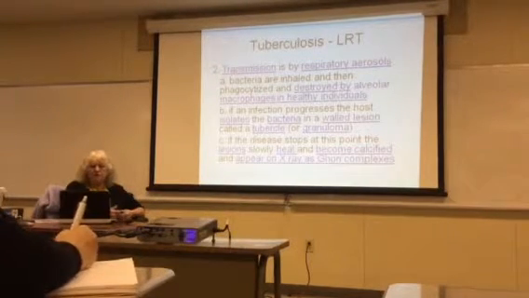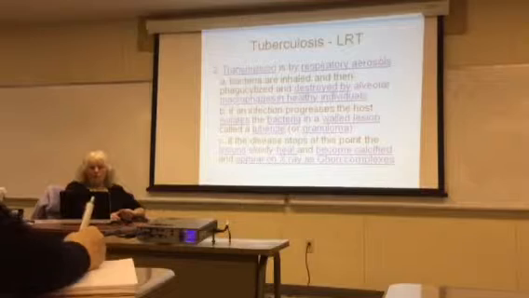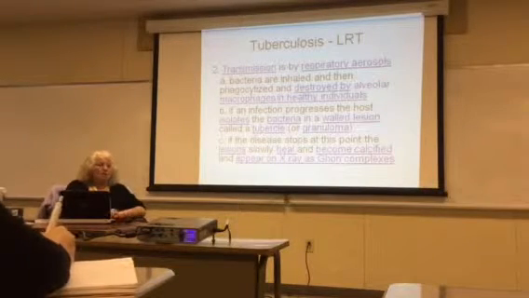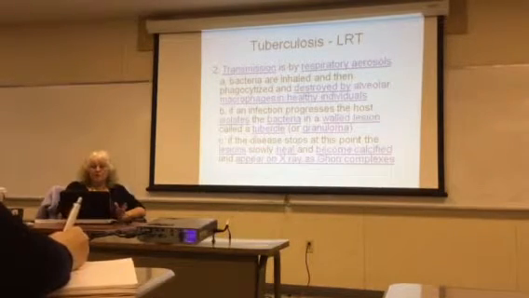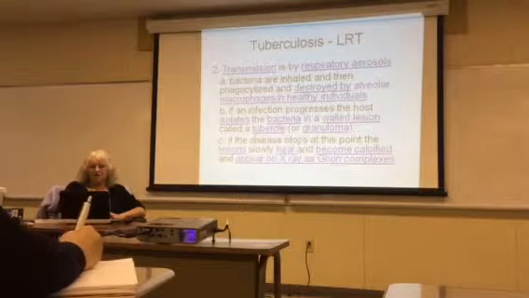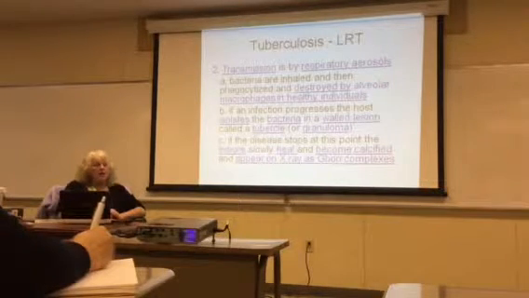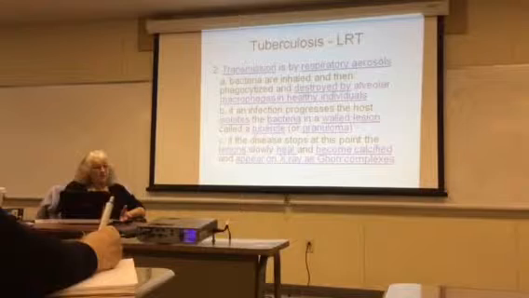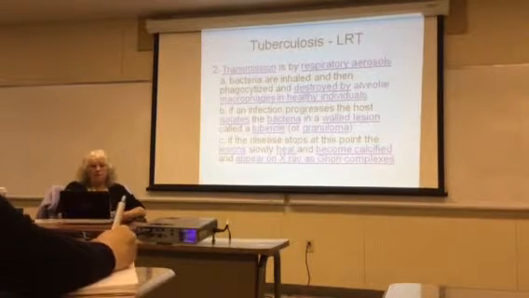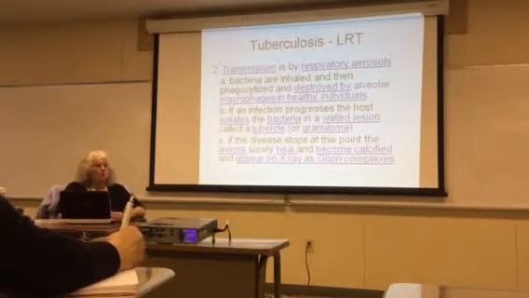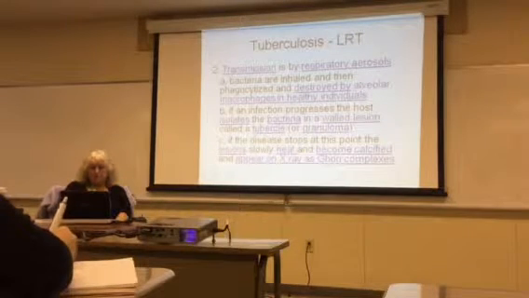The bacteria gets inhaled, and then once it's in your lungs, they are phagocytized by your phagocytic cells, your macrophages. And if you are healthy, then your macrophages are able to destroy that bacteria.